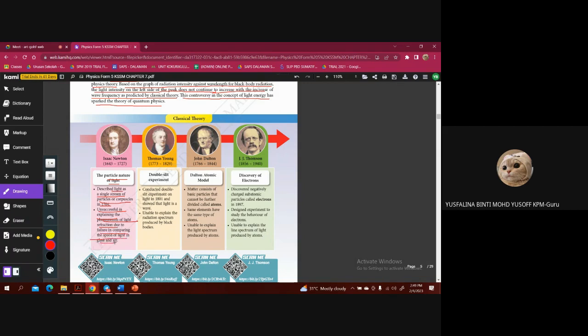Okay, if this comes out in the exam, I think it only comes out for paper one, in objective questions. It's just knowledge. So that's what Newton said: a single stream of particles, or corpuscles, in 1704.